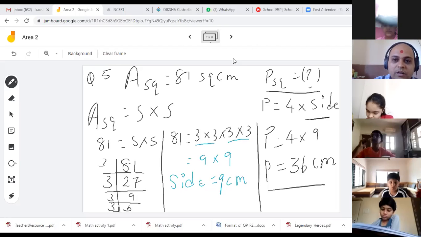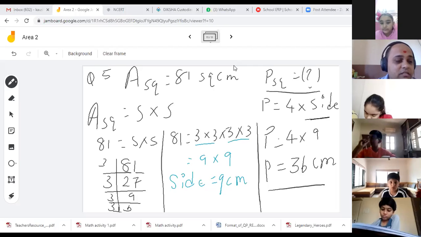Okay. Come on. Now the next example, question number 6. A square garden has a perimeter of 48 meters. Find the area of garden. Now here, perimeter is given. We know perimeter is 4 times side. So side is equal to perimeter divided by 4.